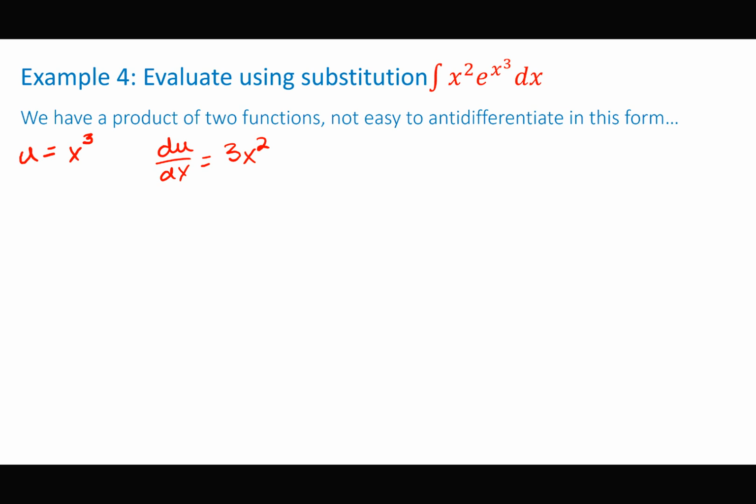Well, I could also write this as a differential, like we did a few weeks ago in differential equations. I could write this as du equals 3x squared dx. And I could also write this as 1/3 du equals x squared dx.